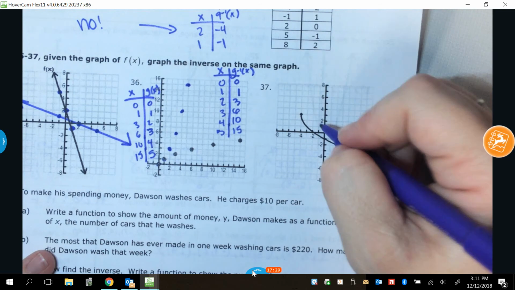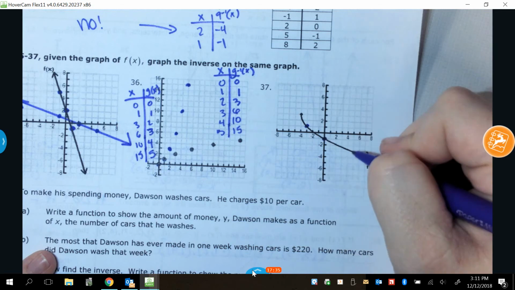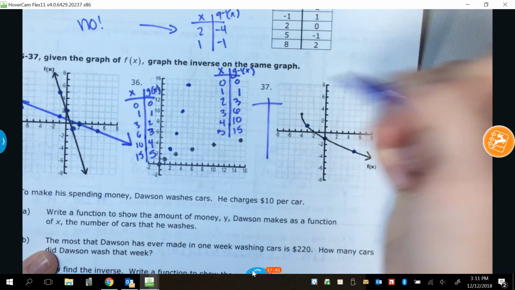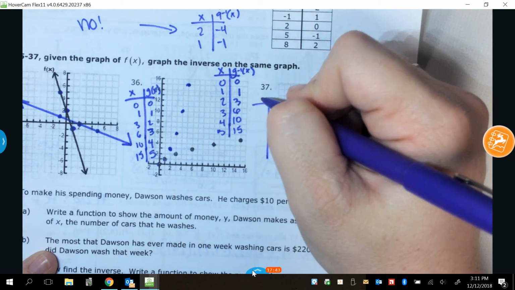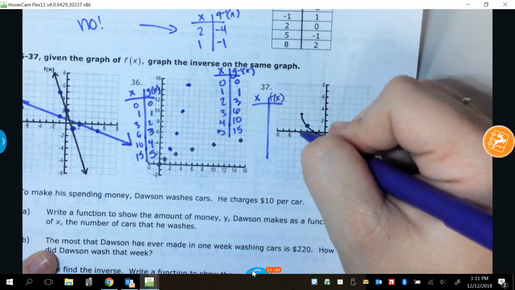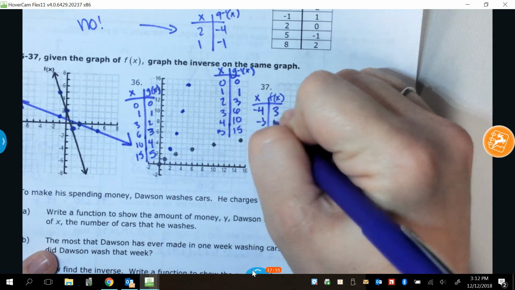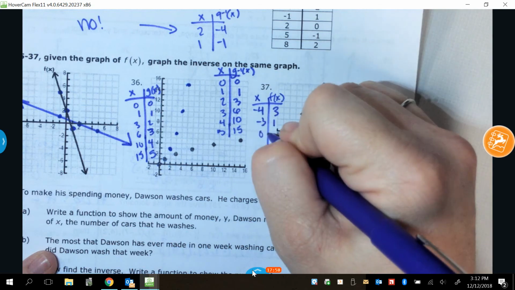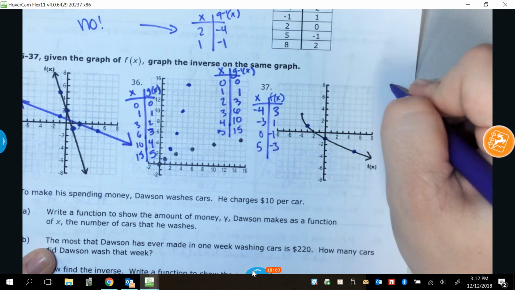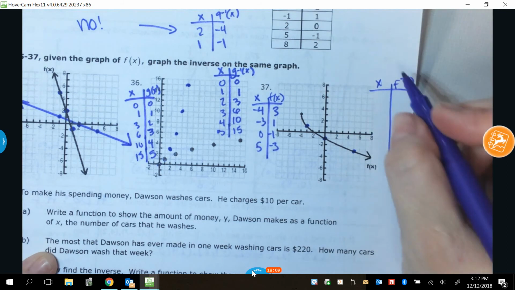Okay, here we'll plot a few points. This one looks pretty good. This one looks pretty good. So we'll call this f of x, x and f of x. So this is (-4, 3), (-3, 1), (-1, 0), and (5, -3). Sorry, that's supposed to be the inverse thing.